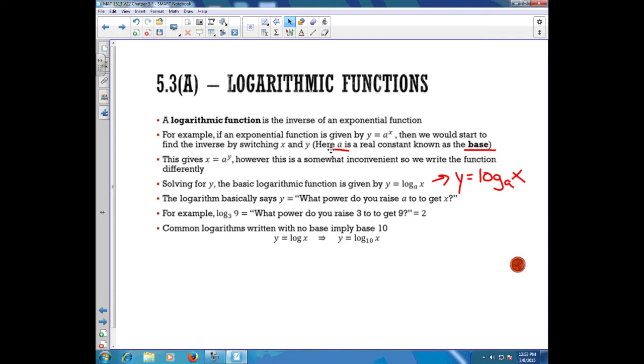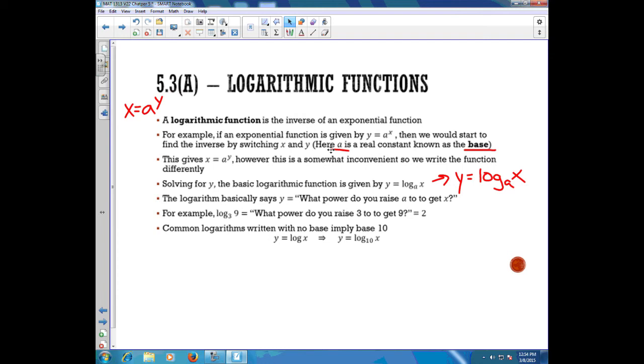If you look back at our equation when we were going for the inverse, x equals a to the y is going to tell us what power we have to raise a to get x. And so it's the same thing. We're just saying what power do you raise a to get x? What power do we raise the little base to get the number x?